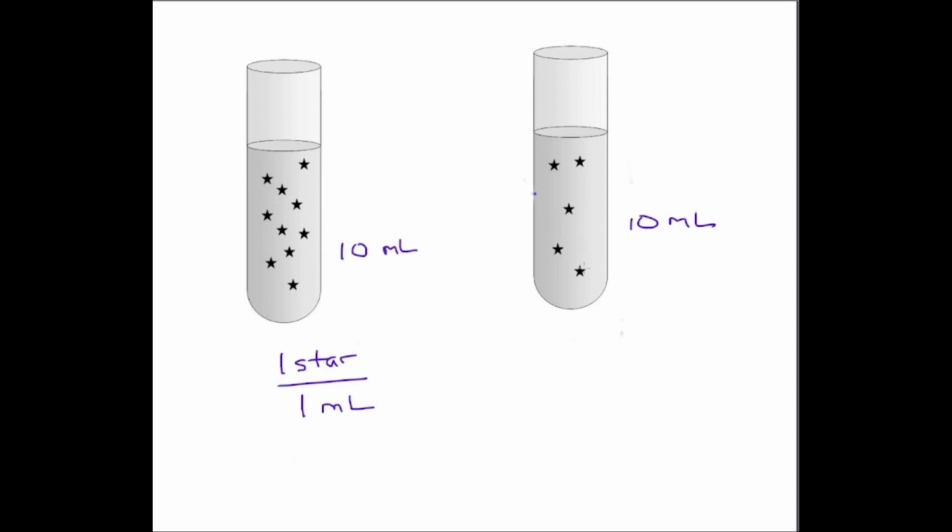This is going to be 5 stars in 10 mils, which is the same thing. We divide top and bottom by 5. 1 star per 2 mils. So these two are not equal.